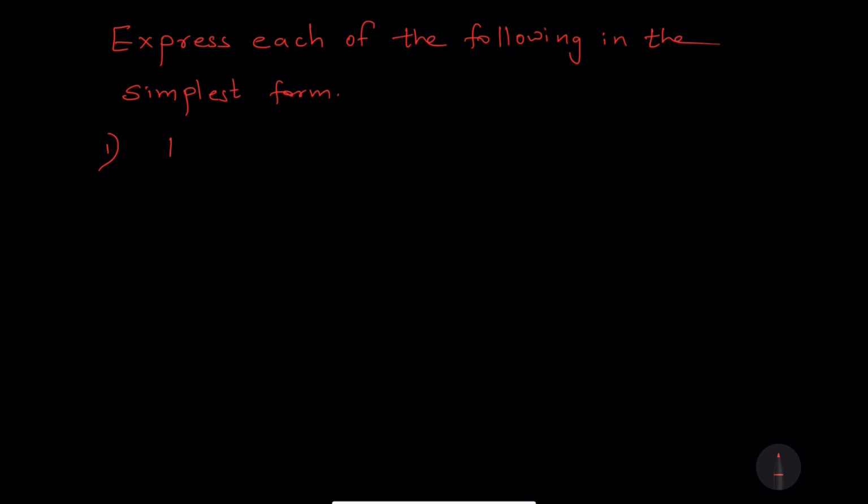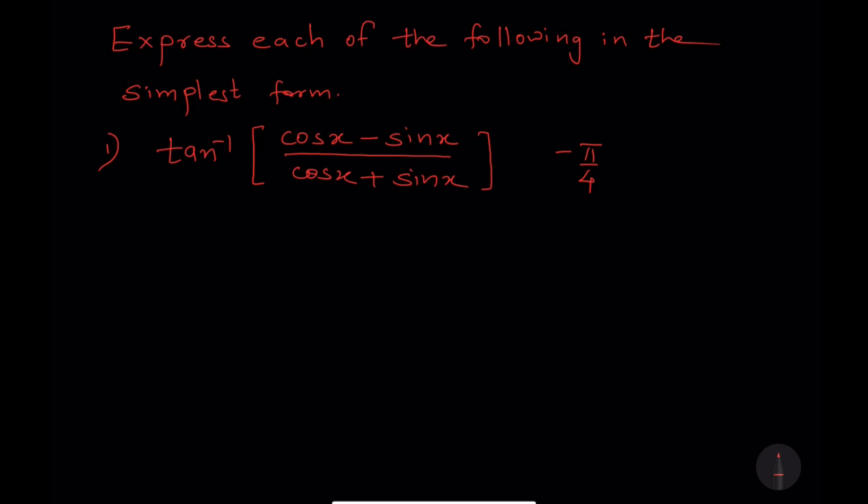For example, the first one: tan inverse of (cos x minus sin x) upon (cos x plus sin x), where x is between minus pi by 4 to pi by 4. So we want to get the simplest form of this.